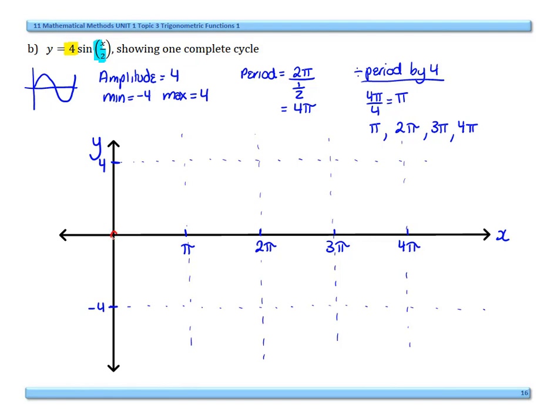It started at 0, 0. Then it goes up, down, down, up. So you can see on that basic graph those key points. Join the dots. Arrows at either end and label.